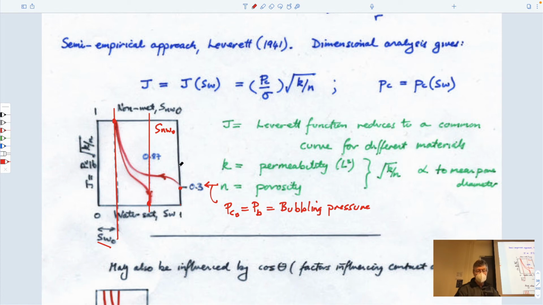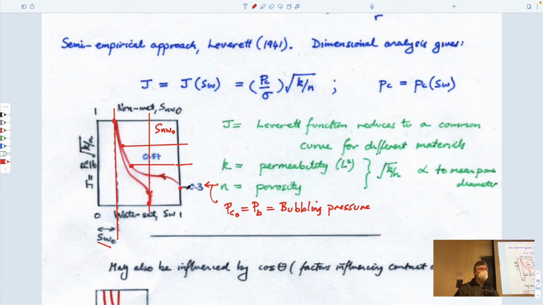If you then apply a bigger pressure, then it will start finding its way into progressively smaller and smaller capillaries in the interior of the sample. That's physically what this curve means. So this would be a very big capillary, this would be a smaller capillary, this would be an even smaller capillary. So that's physically what this curve means.